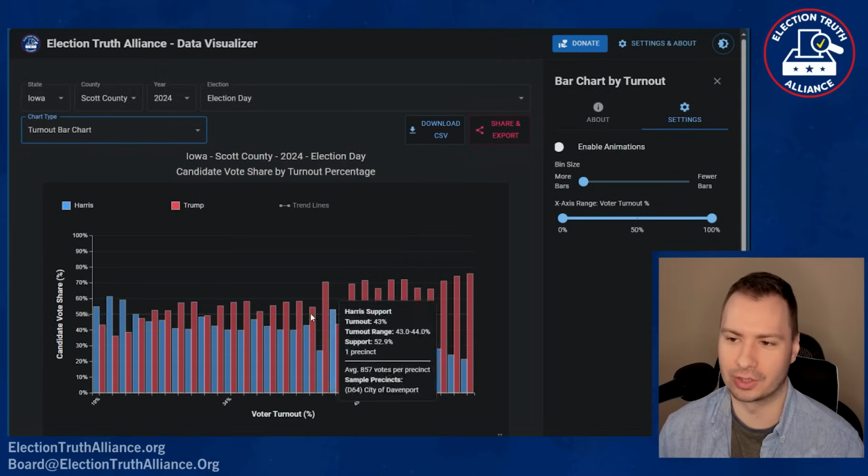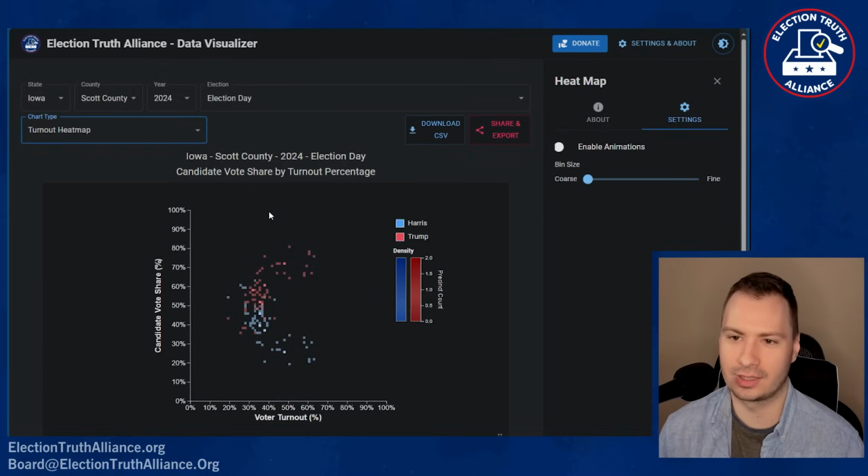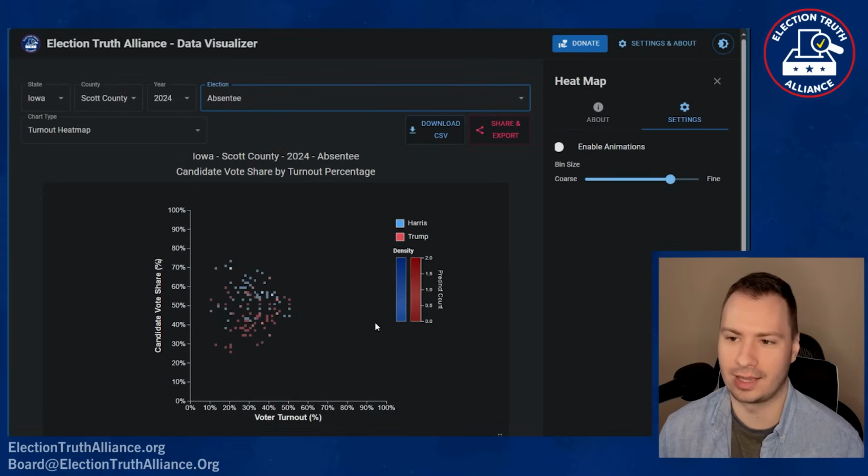The candidate begins to grow in the amount of votes, and when we look at them on a heat map, we see that downward shape and trend and that upward to the right shape as well. Absentee, we see a bit more of a ball. The more precincts you have, the more clean or clear this ball should become.